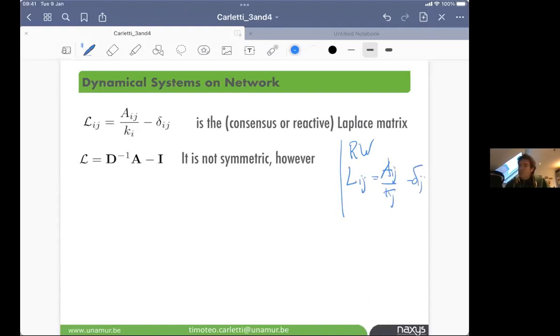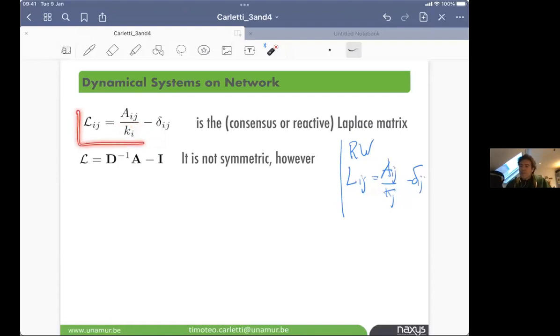So it's almost the same, except that for the random walk you divide by Kj, because in this case, if you want to know how often the walker goes to node i, you have to take into account that it leaves some node j, and so you have to divide by the number of possible ways a walker leaves the node j. That's why here we divide by Kj. In our case, I'm focusing on node i, and so I'm looking at how many neighbors it has. And that's why I divide by Ki.